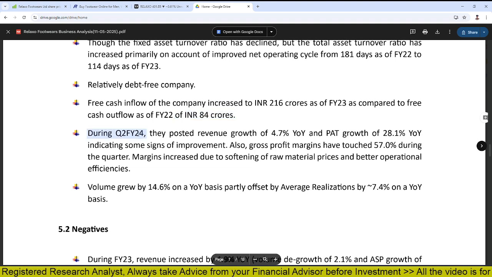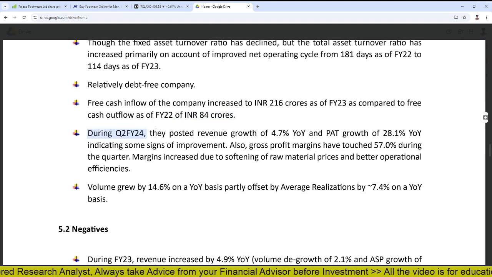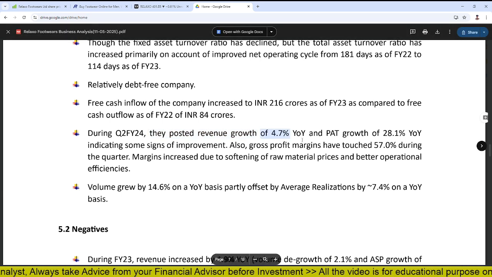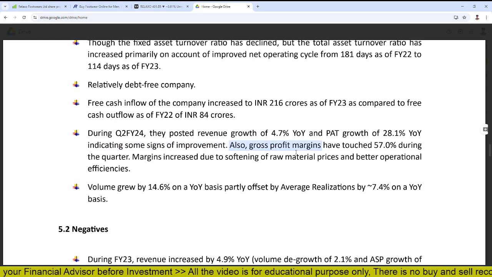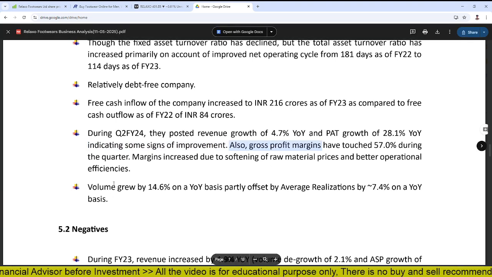During Q2 FY 24, they posted revenue growth of 4.7% year on year and PAT growth of 28% year on year, indicating some signs of improvement. Also, gross profit margin touched 57% during the quarter.